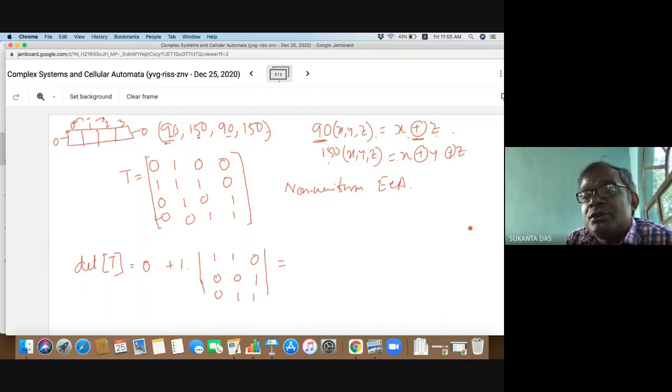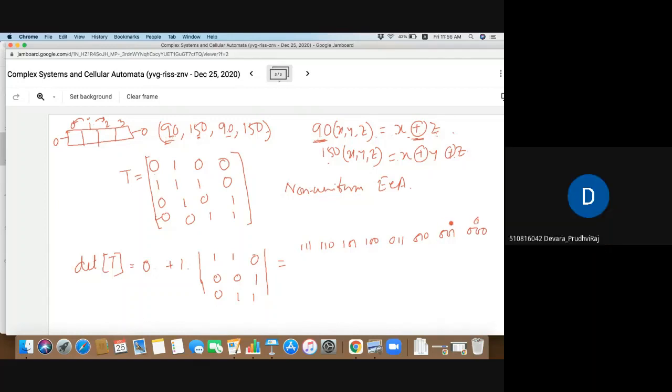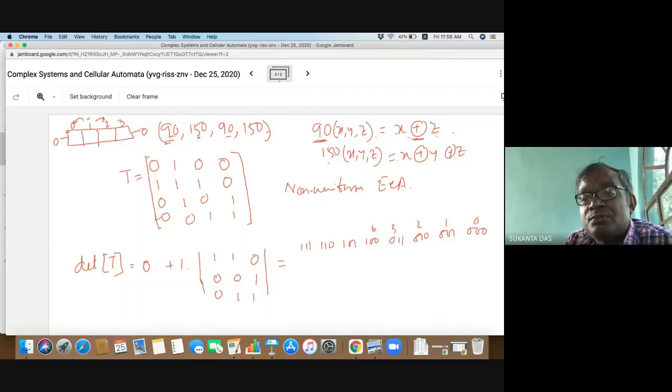If you forget that one, how can I get this one? 000, 001, 010, 011, 100, 101, 110, and 111. So 8 possibilities are there, right? 0 1 2 3 4 5 6 7, 8 possibilities.